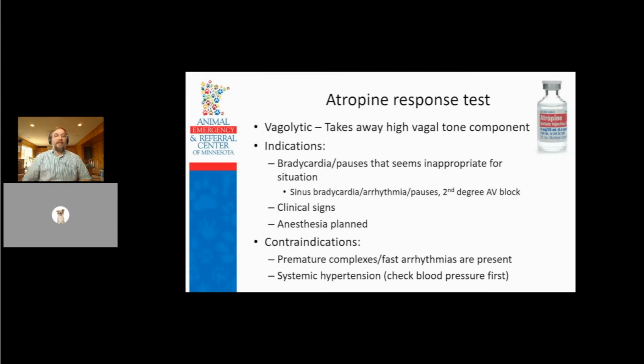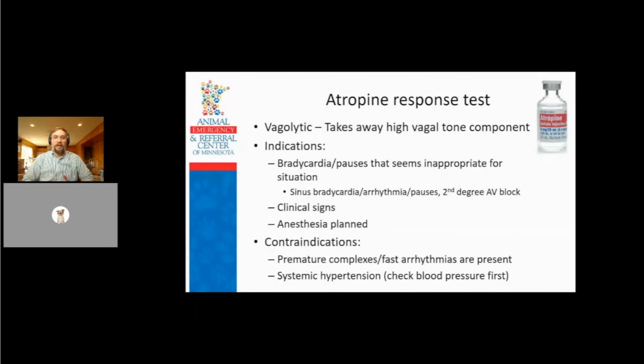If you have an asymptomatic animal, maybe it's less important. Maybe you don't need to do one because you're probably not going to treat it anyway, because they're able to run, play, do their own things, not having signs. But if you're going to be doing anesthesia, it becomes a little more concerning because the question is, well, if their heart rates get too low during anesthesia, can I get the heart rate up, and are they going to respond to drugs?